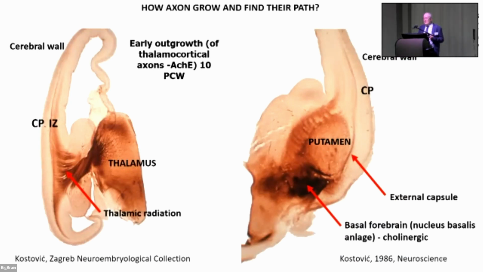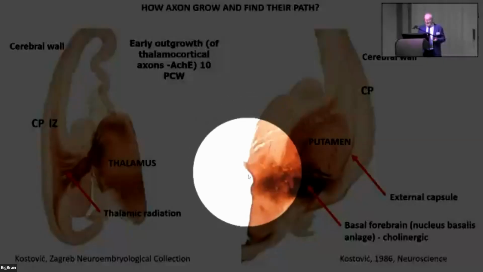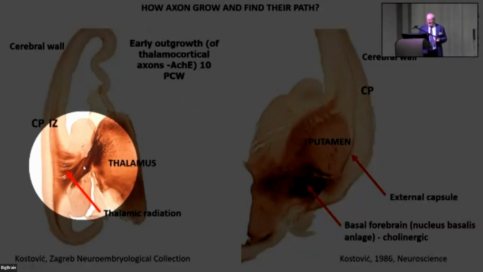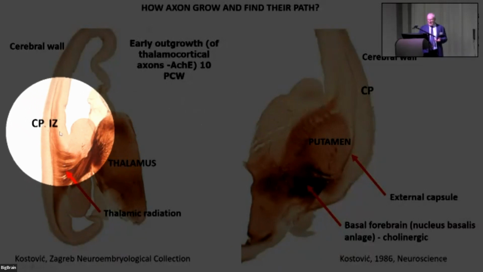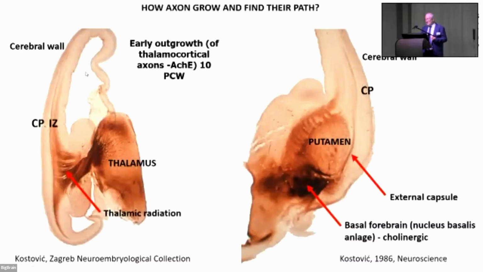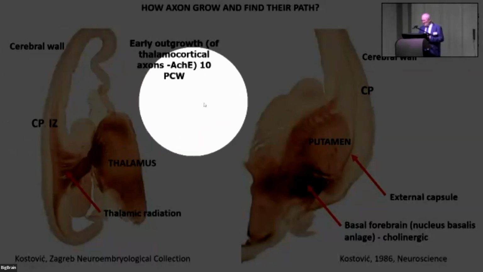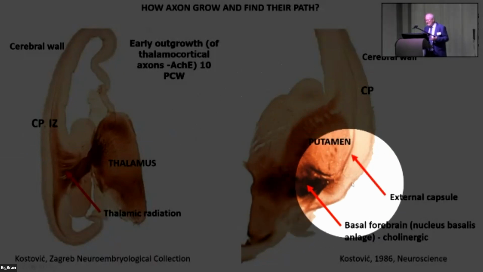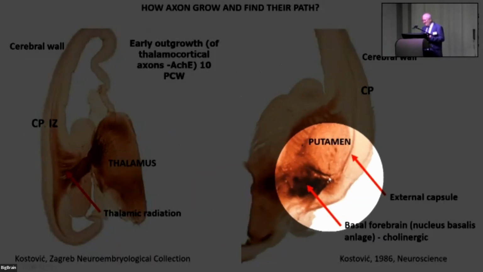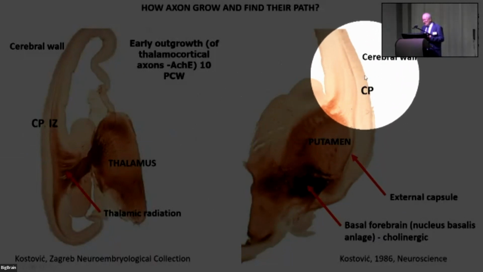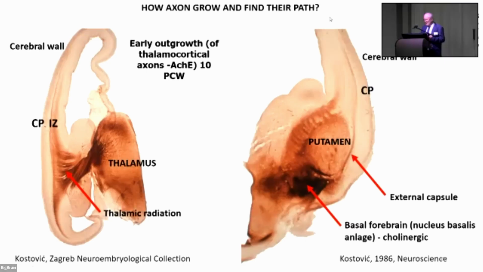And to convince you that a beautiful demonstration is possible, I show this. You see, it's the thalamus. Here is the activity. Then you have a thalamic radiation, and the fibers come to the intermediate zone, leaving the cortical plate and telencephalon without activity. On the right side is one of the most important modulatory pathways in the brain, originating from the cholinergic basal forebrain via the capsula externa, and again not reaching the cortical plate at that time, going into the intermediate zone.